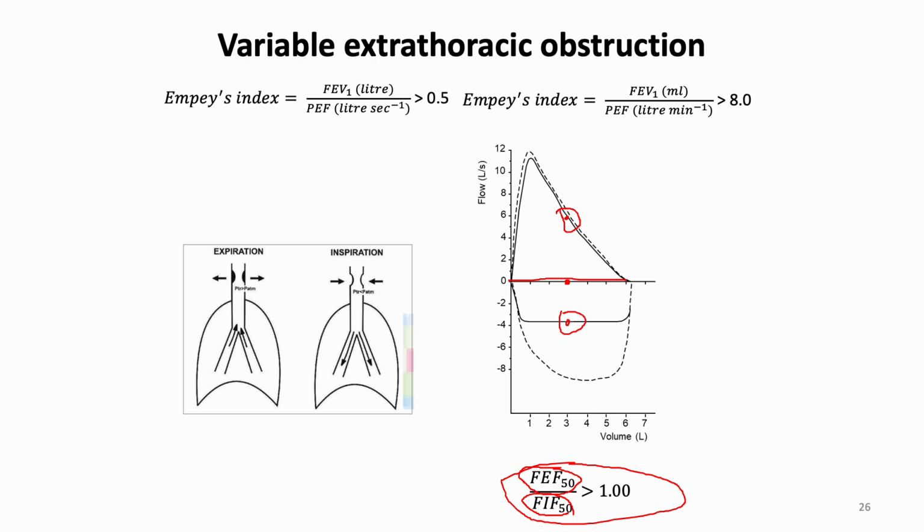But even if the FEF ratio is normal and MPS index is normal, and the patient has performed an adequate forced inspiratory maneuver and it's box shaped, I would still suspect extrathoracic obstruction.